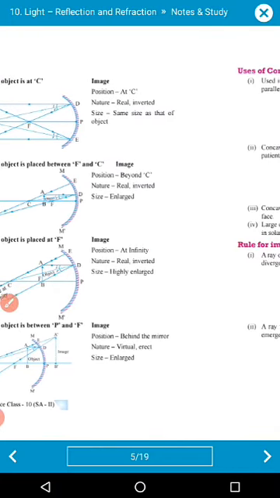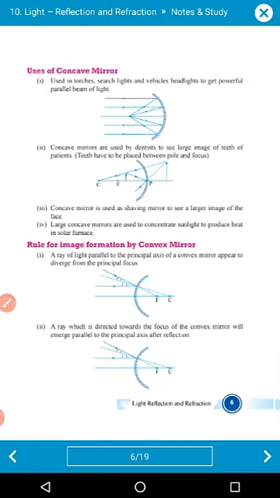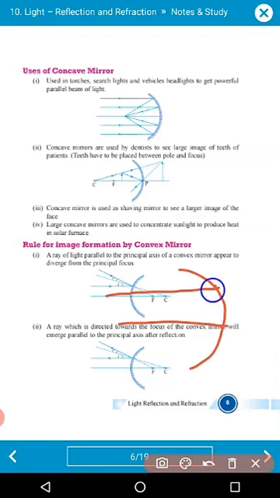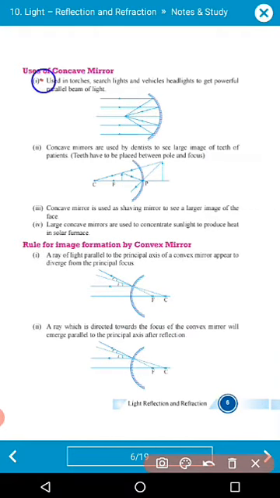Understood? Okay, so now let's have some uses of the concave mirror. As we already showed, whenever a ray parallel to the principal axis passes through, it is reflected and passes through the principal focus. So this is the better example for the use of the concave mirror, because all the parallel beams parallel to the principal axis meet at F, meaning this concave mirror is used to concentrate all the light rays at a single position.